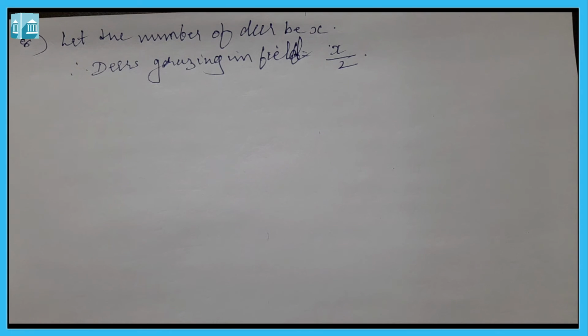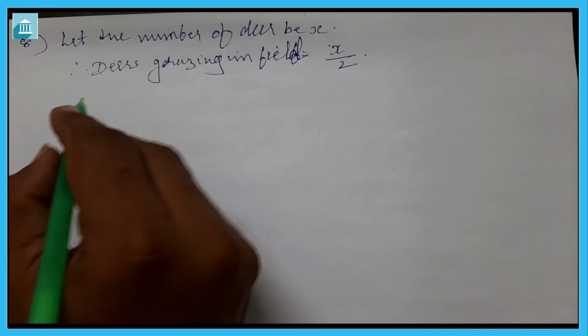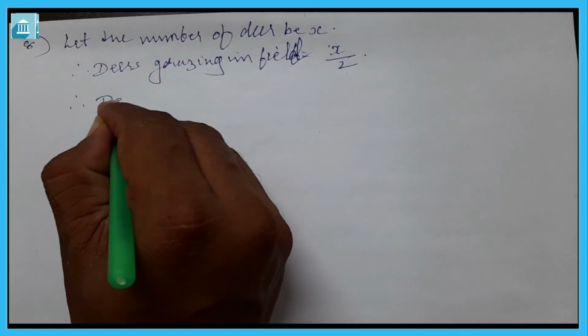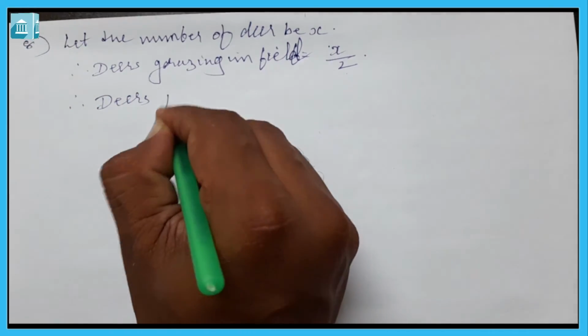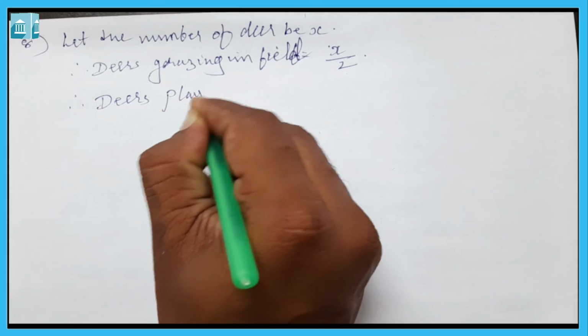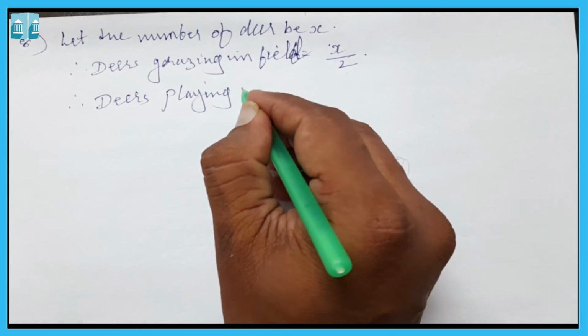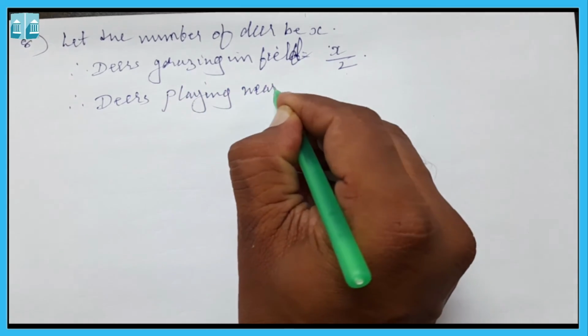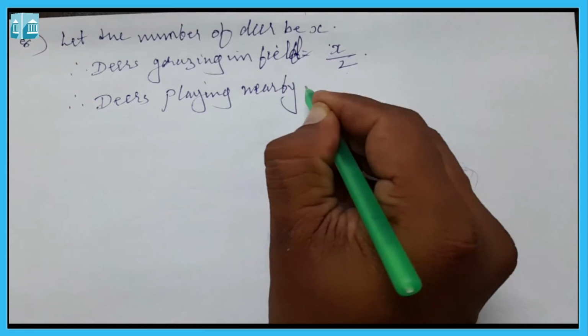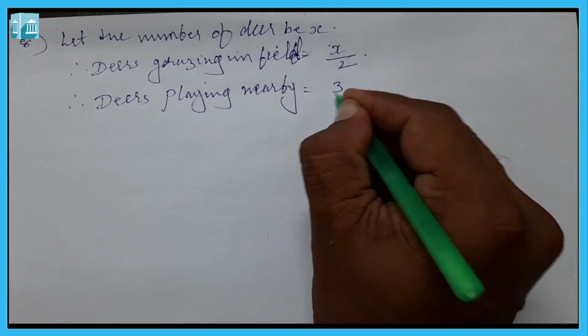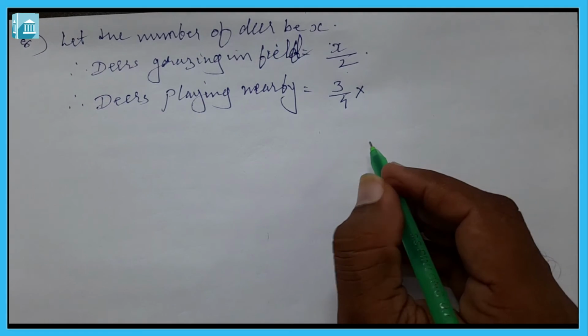Then it is given that 3/4 of the remaining are playing nearby. Deer playing nearby is equal to 3/4 of the remaining.